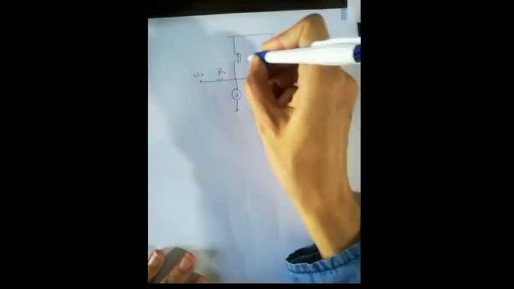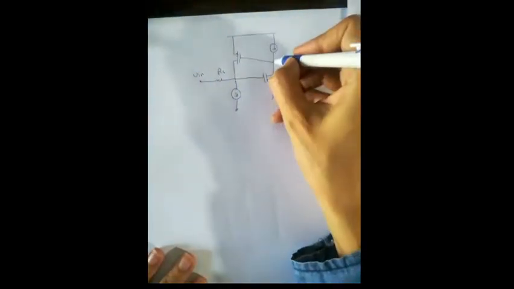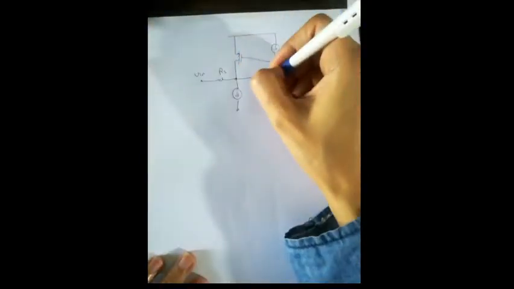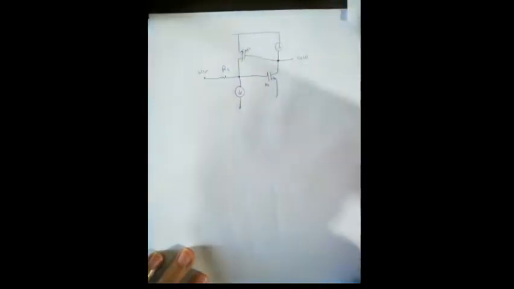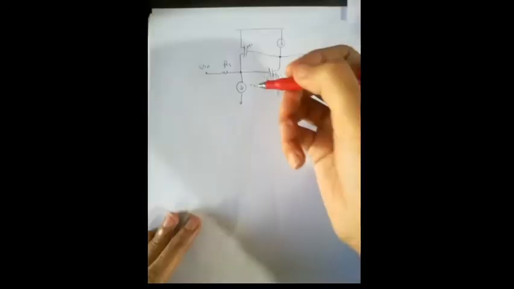That's also applied on input here. Okay, now this is on and this is on top. Okay, let's see what's going to happen here if I increase the Vin.